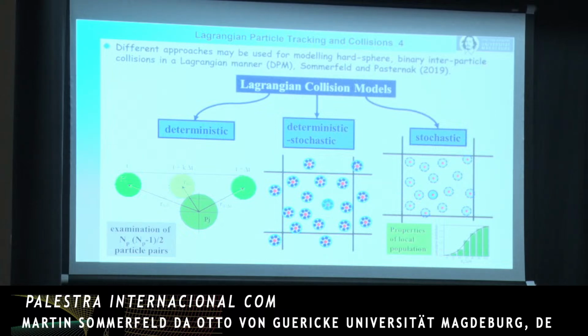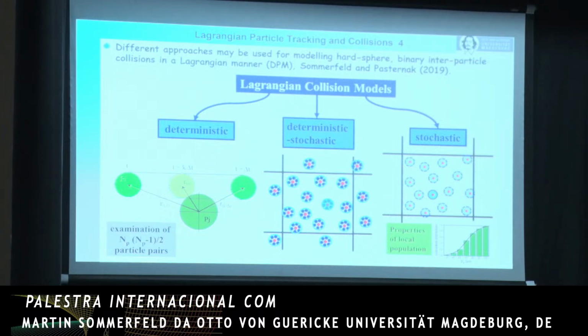This is the Oesterle model. Basically, you track a parcel, and simultaneously you know the location of the parcel, and then you check whether there is a collision probability. You take collision frequency times delta t, whether there is a possibility of colliding with any of these particles.